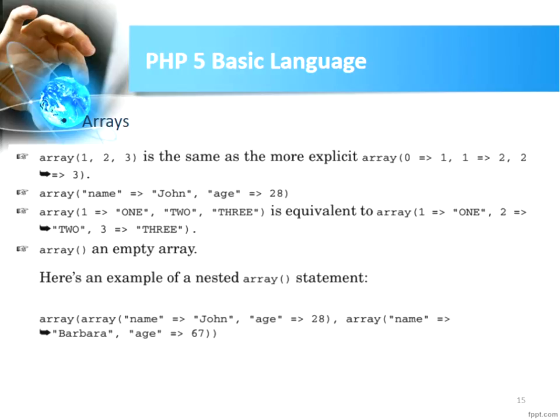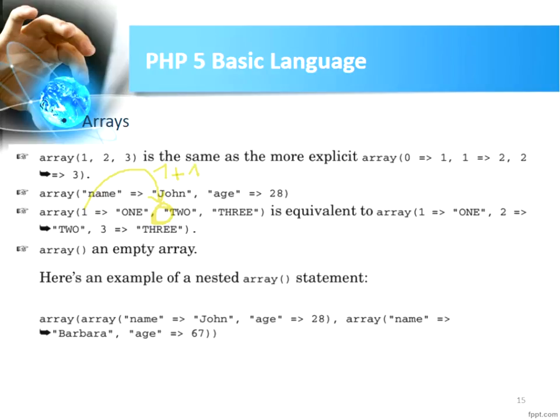The third example: array(1, 2, 3) is equivalent to array(1 => 1, 2 => 2, 3 => 3).